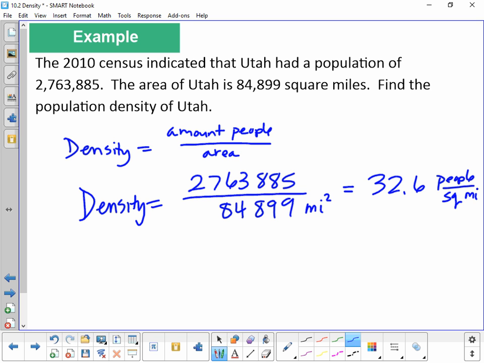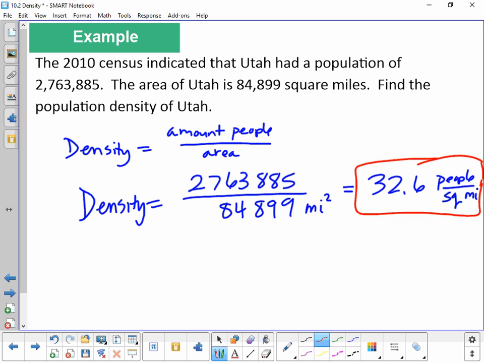And what that means is, people tend to clump together. Population density is like an average. If we spread all of the people around Utah equal distance apart, it means that in each square mile there would be 32 or 33 people. It's okay to have a decimal here because it's an average, so we're not saying that it's a 0.6 person. We're saying that on average there's between 32 and 33 people per square mile.